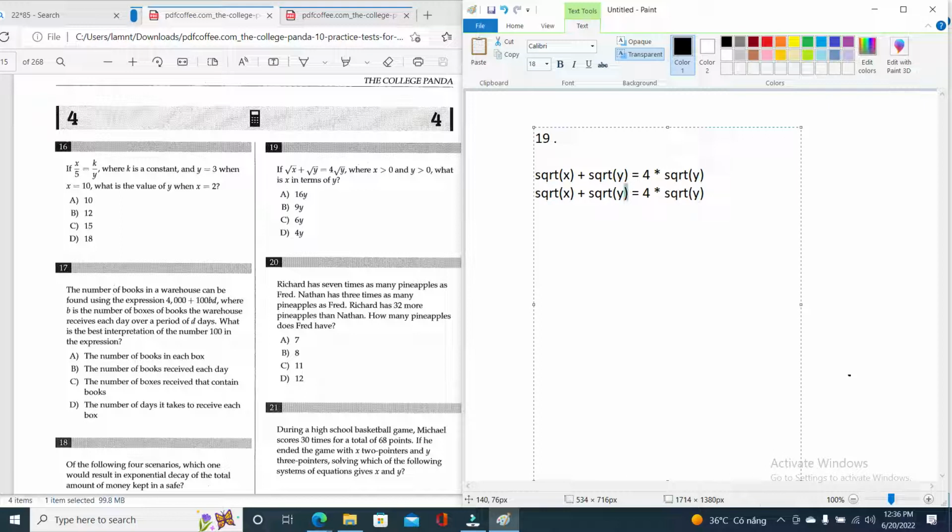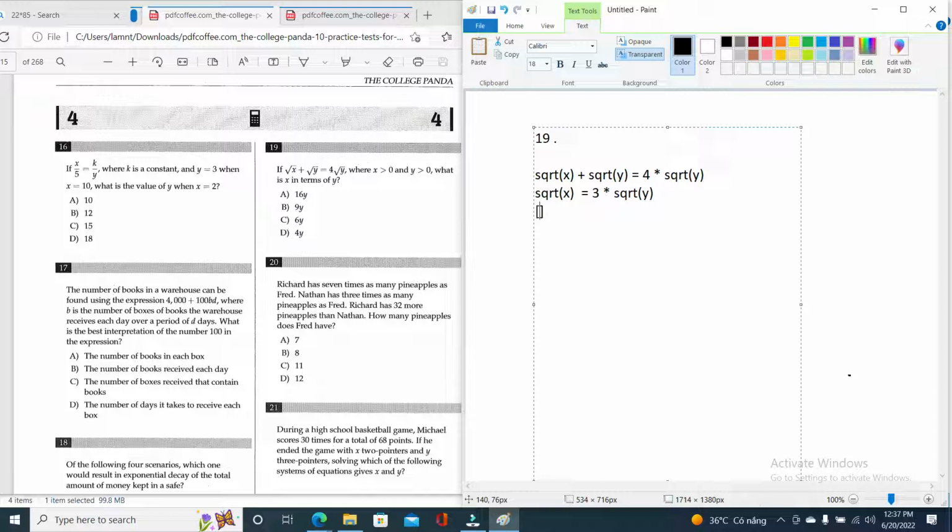Minus square root of y here, so this side becomes 3 square root of y. Now square root of x equals 3 times square root of y. No more addition needed. So we're gonna square up both sides.